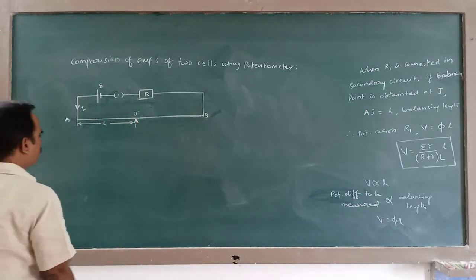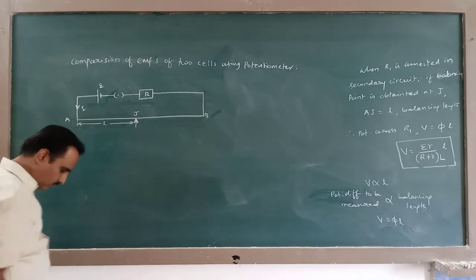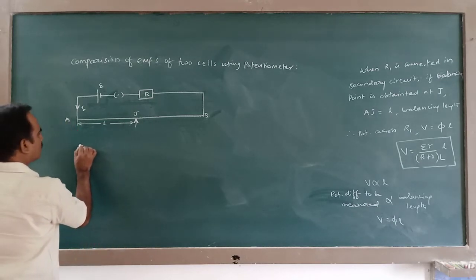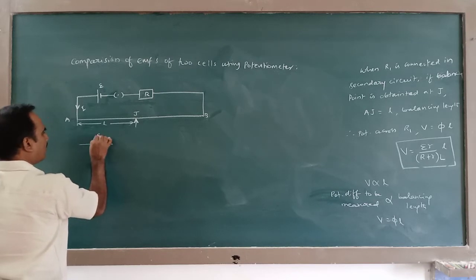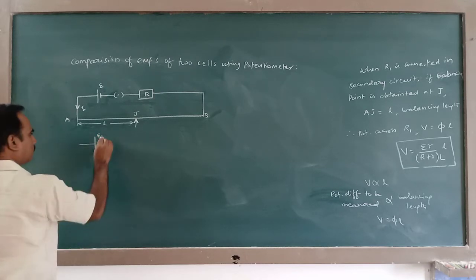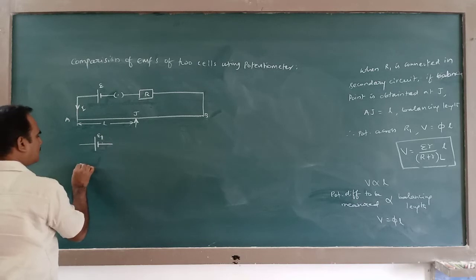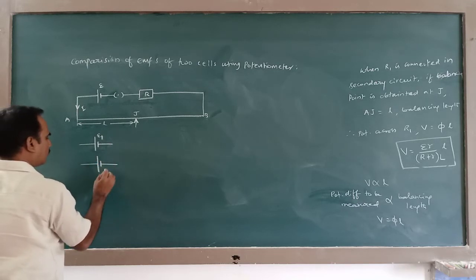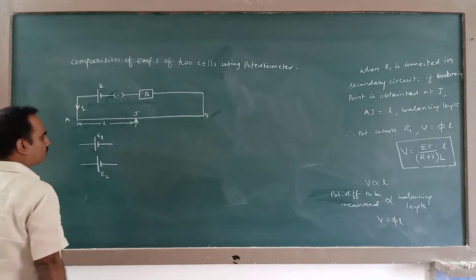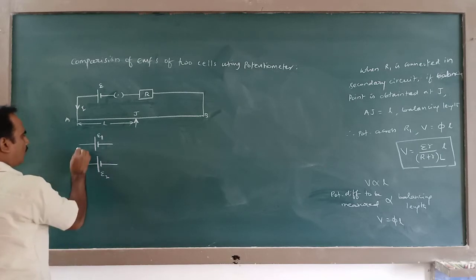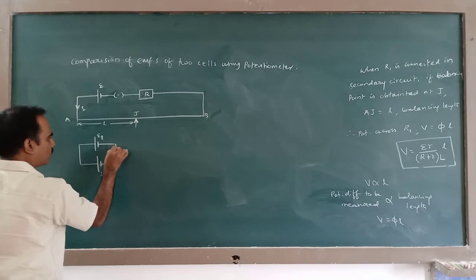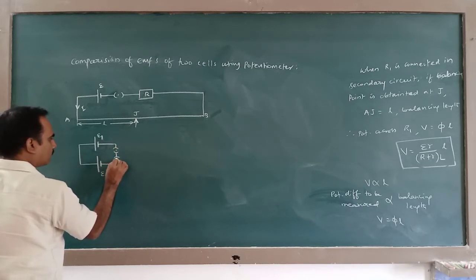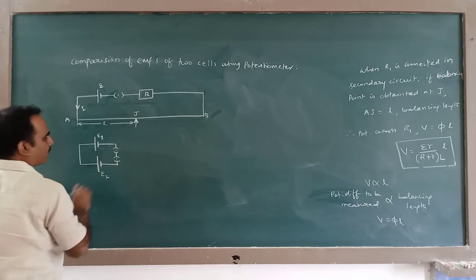See, the two cells whose EMFs are to be found. This is one cell of EMF E1. This is another cell of EMF E2. You connect these two cells in parallel by using a two-way key like this.